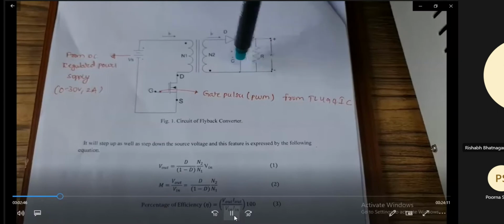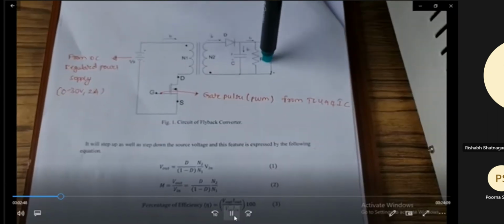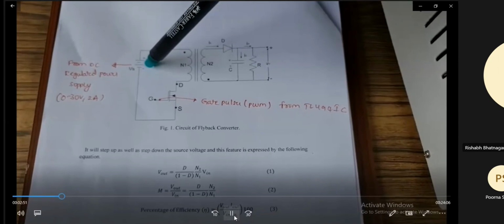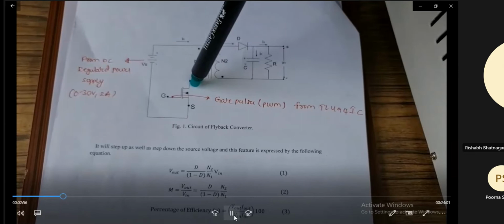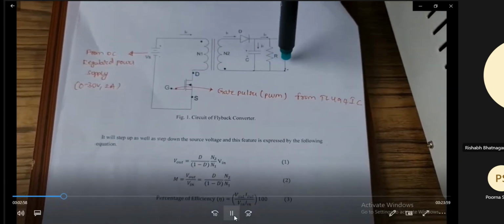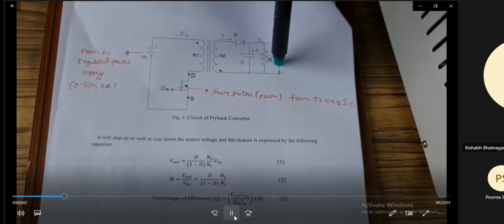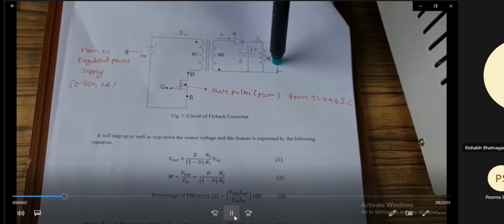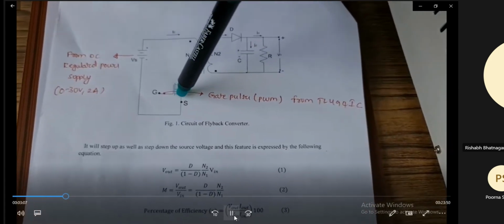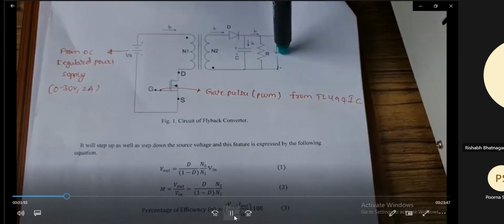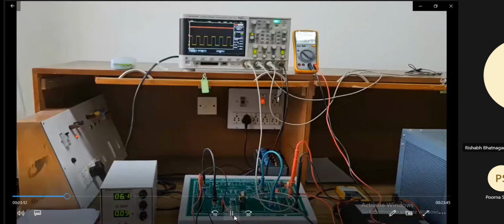Since it is operated under closed loop operation, whenever there is a change in the load or a change in the supply voltage, in both cases the duty ratio of the switch is going to change in order to ensure constant voltage regulation. So in this experiment, we set the input voltage, we measure the duty ratio of the switch, and we also measure the output voltage.